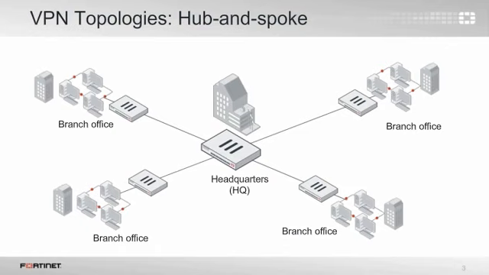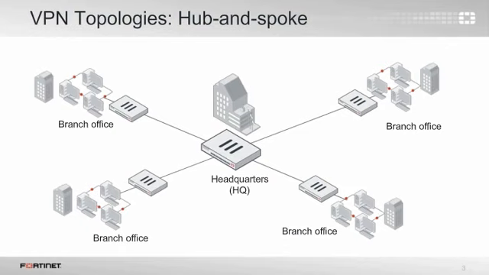A disadvantage of using this topology is that communication between branch offices through headquarters is slower than it would be using a direct connection, especially if HQ is physically distant, as it can be for global companies. For example, if your company's HQ is in Brazil, and your company also has offices in Japan and Germany, latency can be significant.